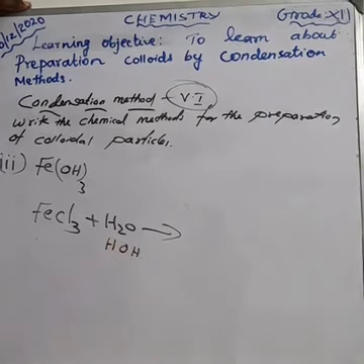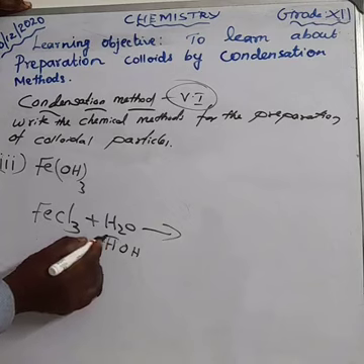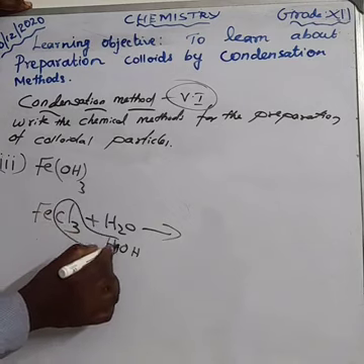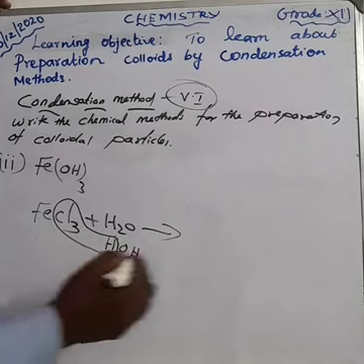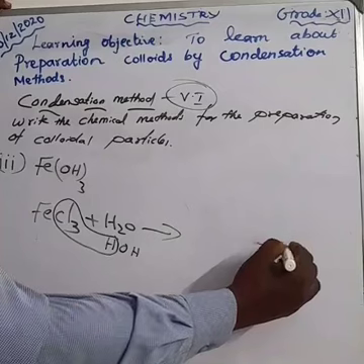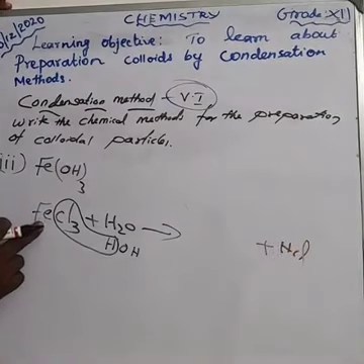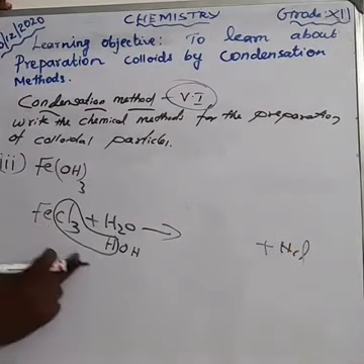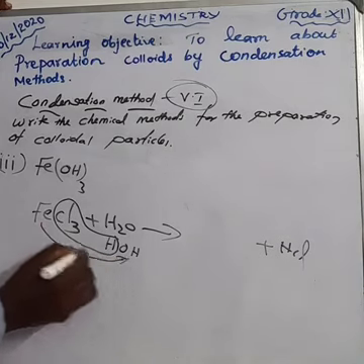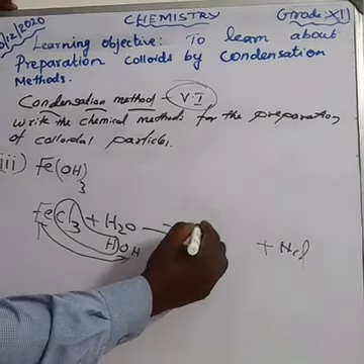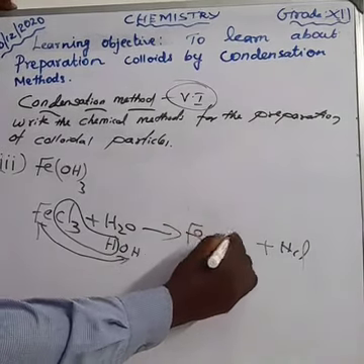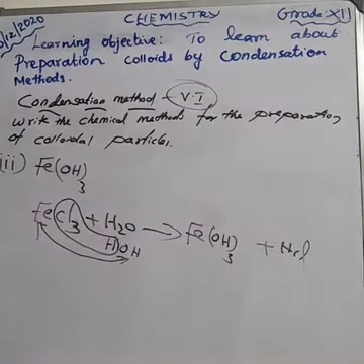HOH. Clear? So, hydrogen combines with the chlorine, so we get HCl. Fe combines with the OH. Fe on reaction with OH, we get Fe(OH)3, ferric hydroxide.